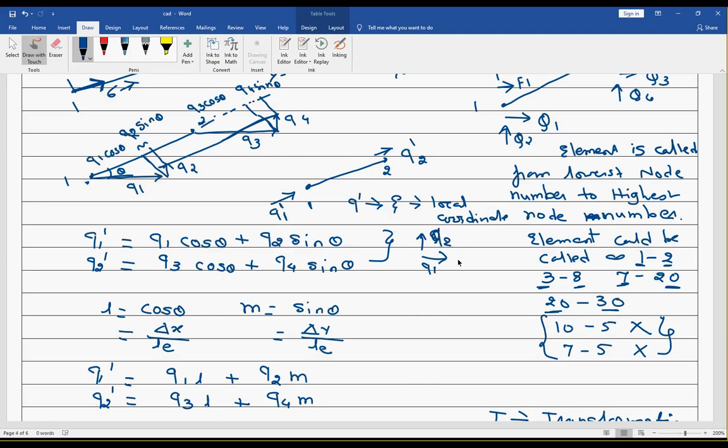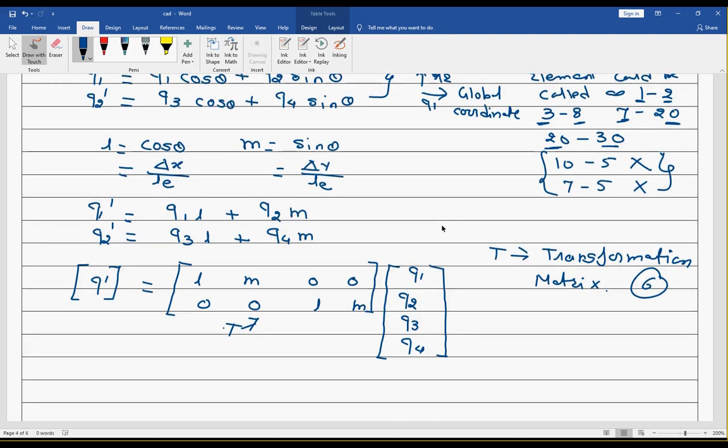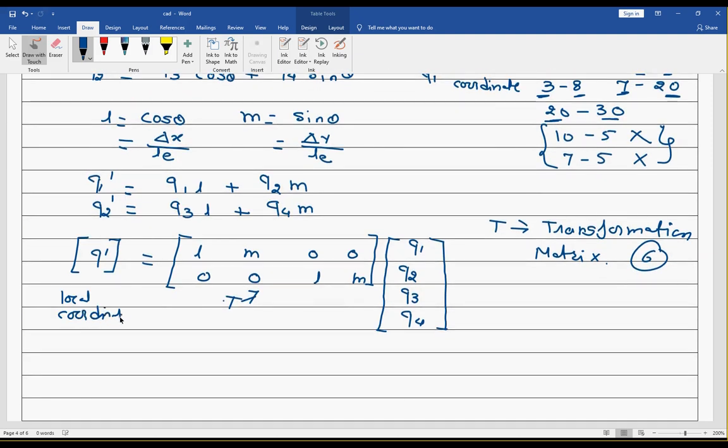Okay, these vectors are in global coordinates, not in local coordinates. So this is local coordinate and this is global coordinate.